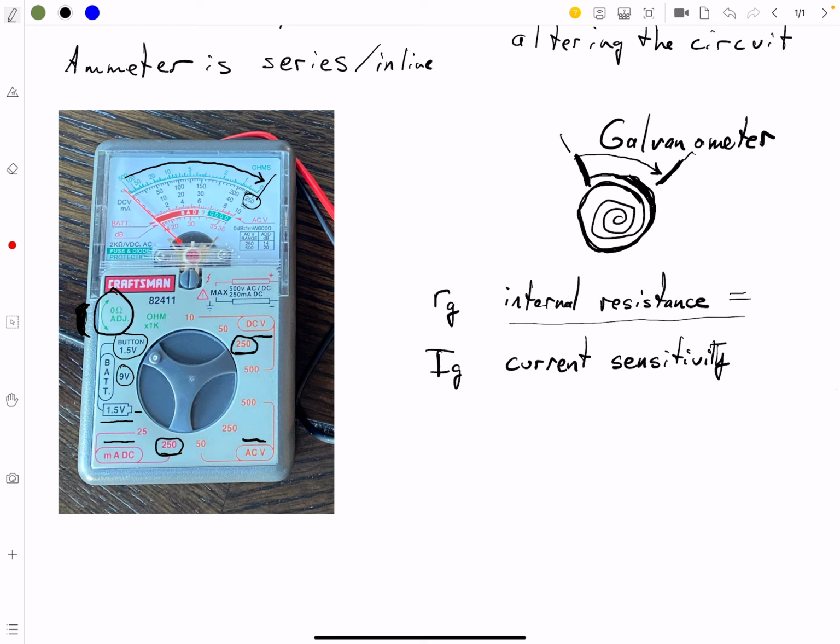How are we going to do that? I don't know if you can see this, but the lowest thing that we can measure is a 1.5 volt. So if V equals IR, and we can measure a 1.5 volt thing, let's solve for our internal resistance.